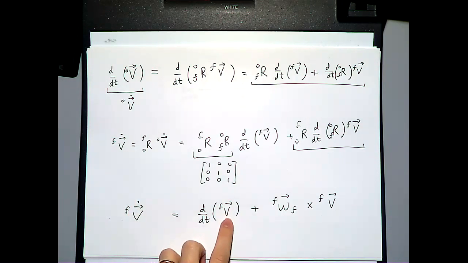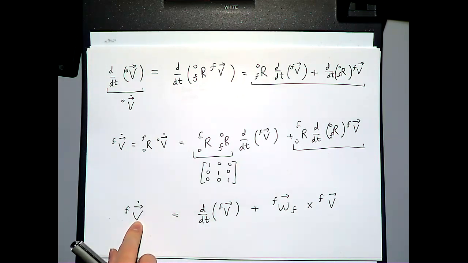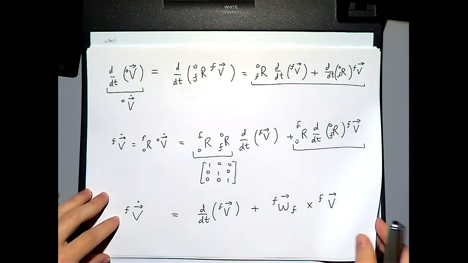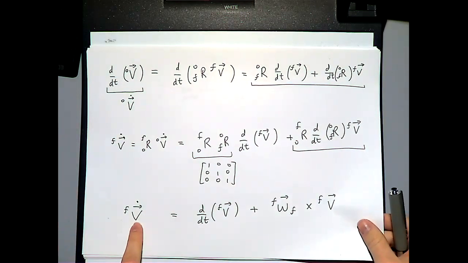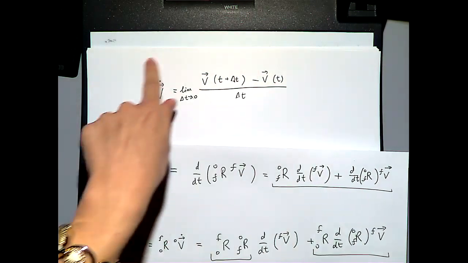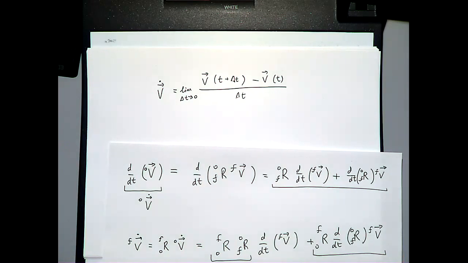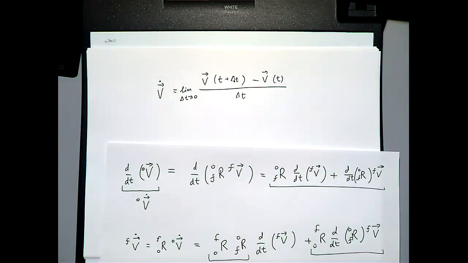Well, this v dot is the true change over time, that takes into account all the things that change over time.